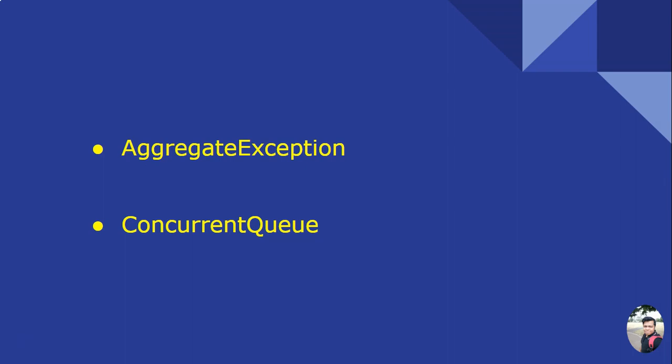We can use a concurrent queue of type exception, and once the Parallel.For loop is completed, we can look into this collection, and if it has any exceptions, we can throw this exception collection as an aggregate exception to handle. So let us see this in action.